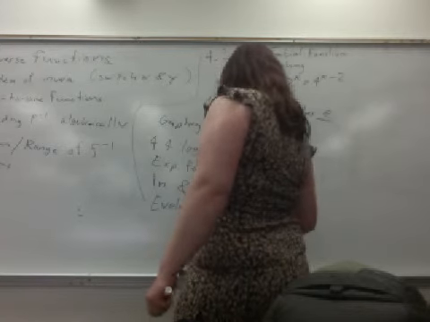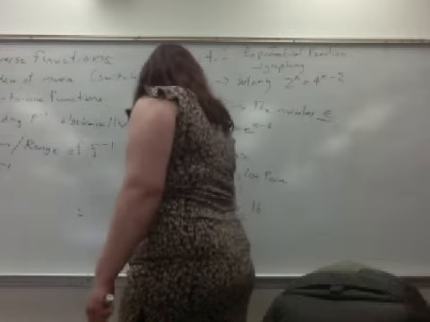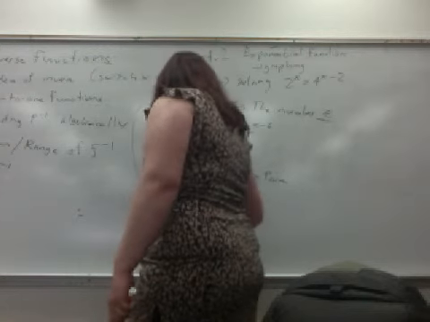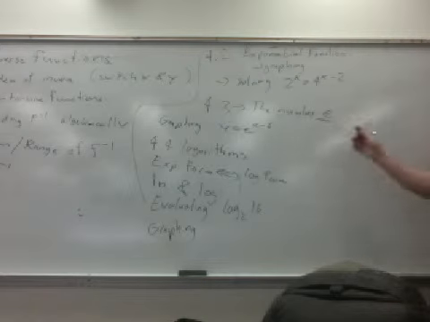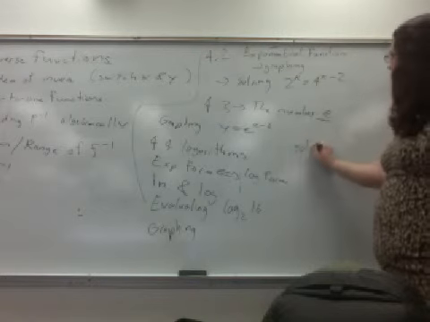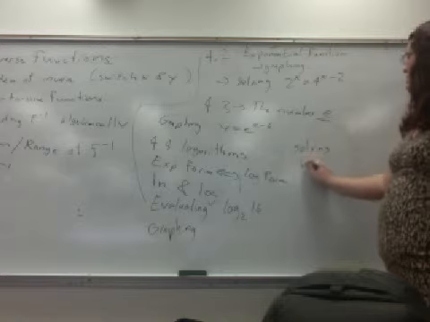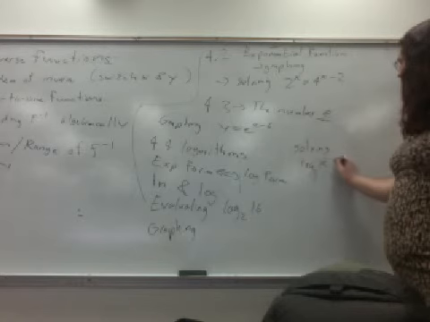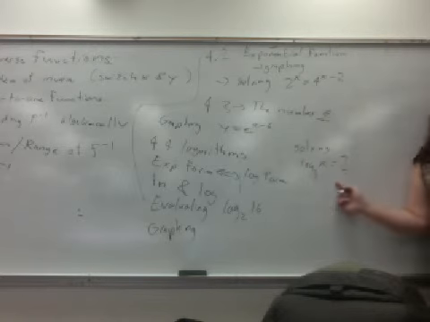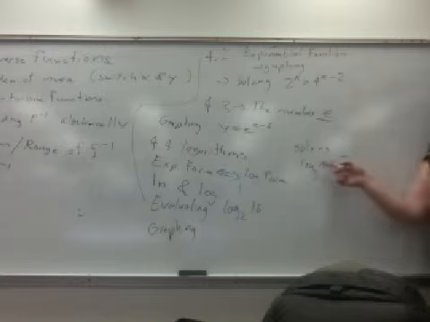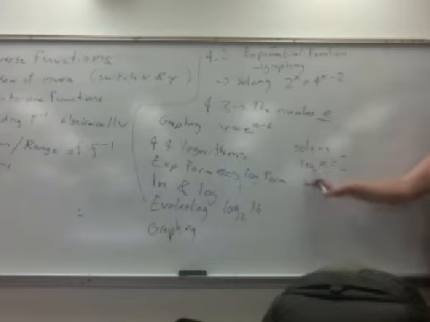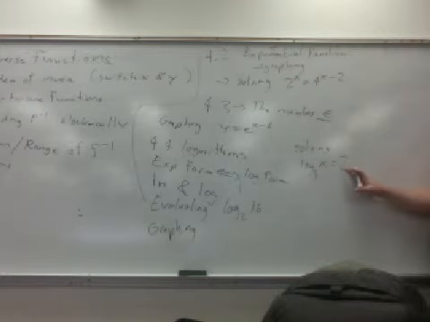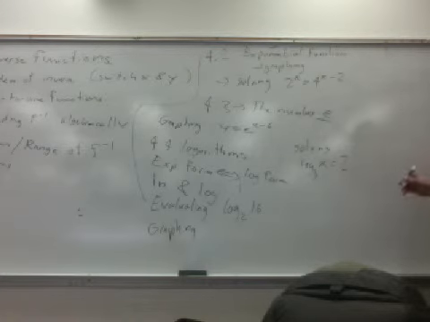I think graphing was also in 4.4. Oh, and solving something like log base 3 of x equals 2 was also in section 4.4. How do you solve a simple equation like this? The answer is you switch it to exponential form. You replace the log base 3 on this side with the base 3 on the other side. Those sorts of ideas.